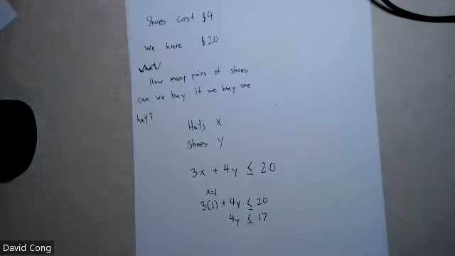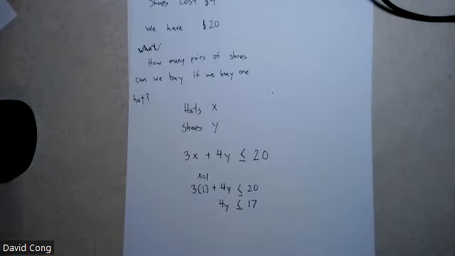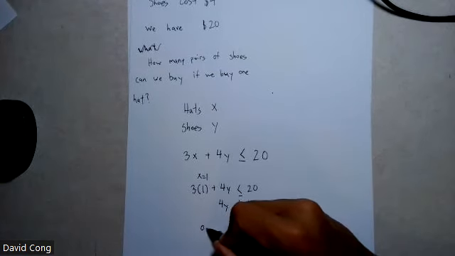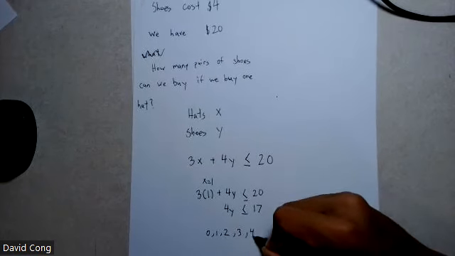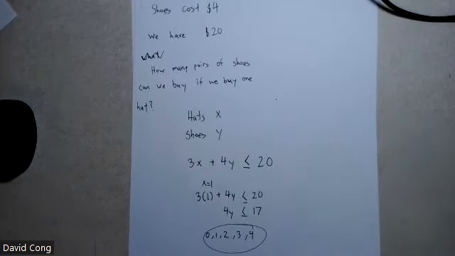But we can't buy a half a shoe or a quarter of a shoe, so only discrete values work. But we also can't buy a negative number of shoes. So the only values of y that work are 0, 1, 2, 3, or 4. So if your answer was any of these 5 numbers, it's correct. We can buy anywhere from 0 to 4 pairs of shoes.